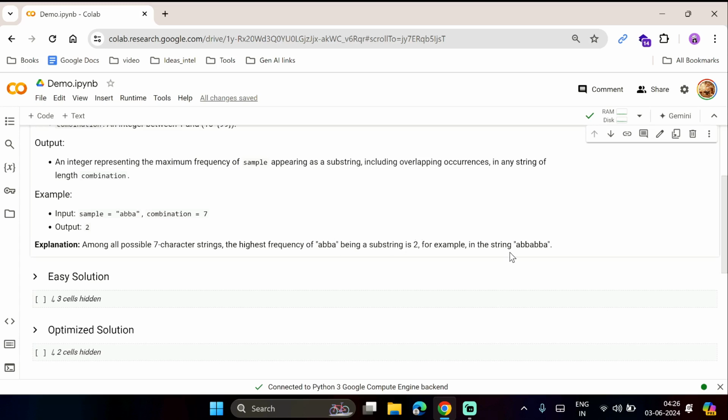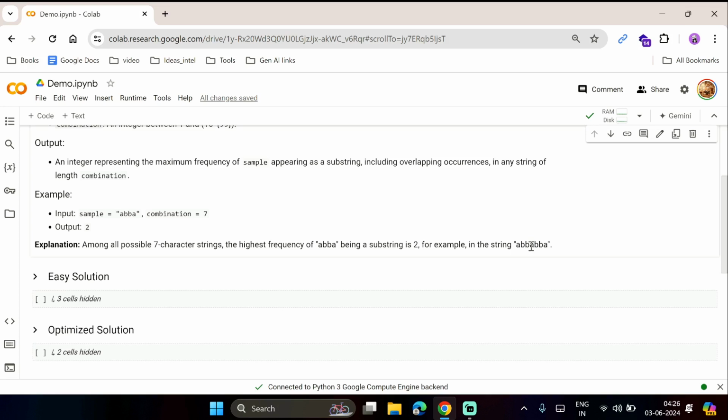As you can see, the string would be if you write ABBA and then BBA. These make 7 characters: ABBA is 4 and BBA is 3, 4 plus 3 is 7. But here, see this, there's an overlap as well. ABBA, this is one.